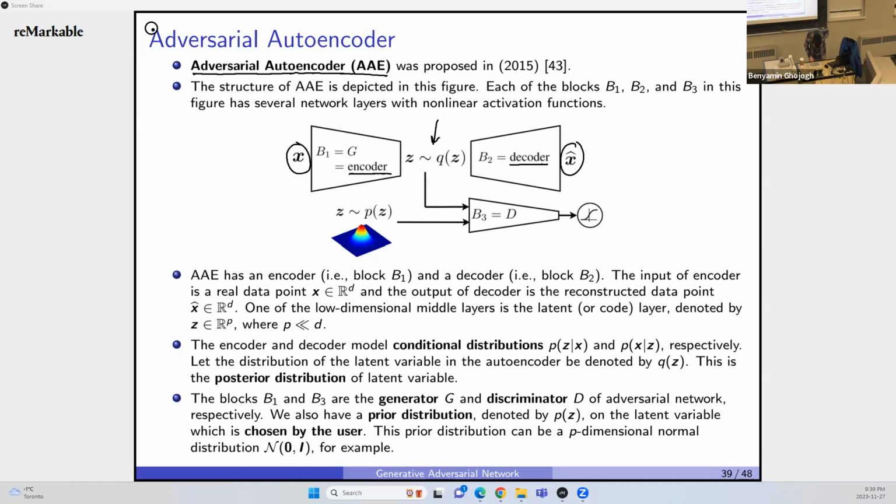Now, let's combine it with adversarial learning. In adversarial learning, we have a generator and a discriminator. Let the encoder of the autoencoder also be the generator. For the discriminator, I have another network.